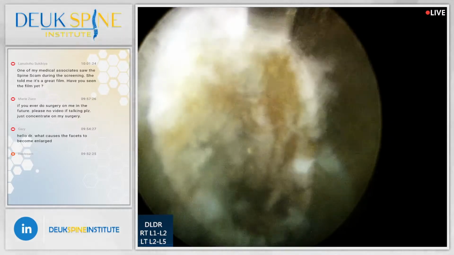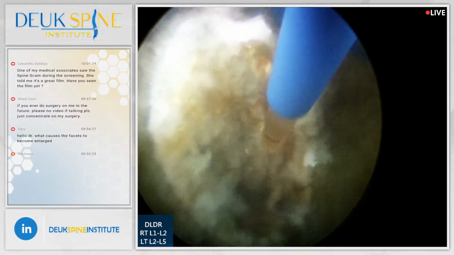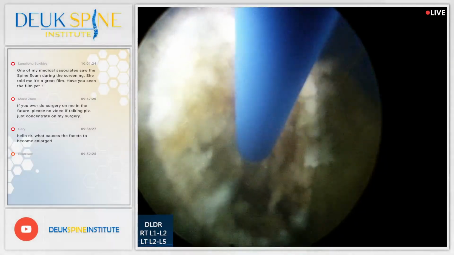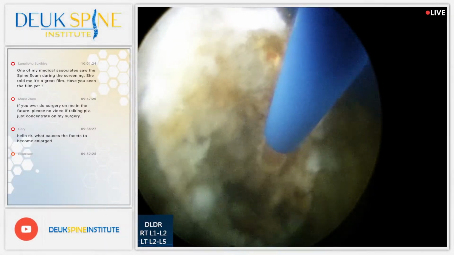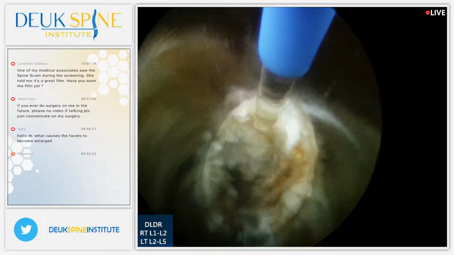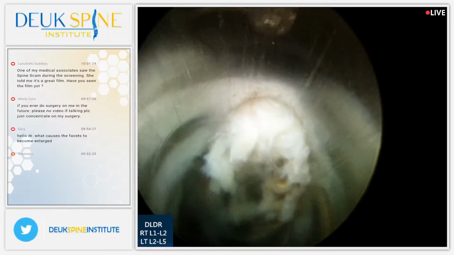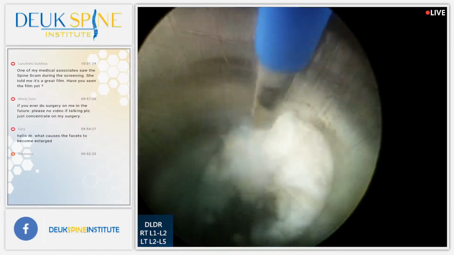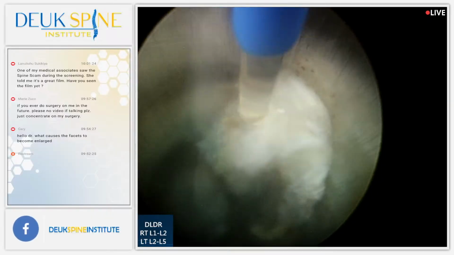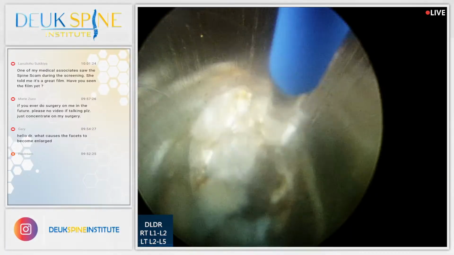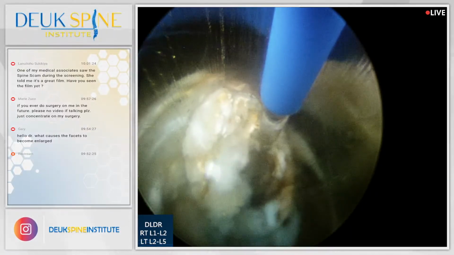So that capsule holds your joint, your bones together, and keeps them from moving too much. You get about 3 to 5 degrees of movement in rotation, flexion, extension. But when you have a trauma injury to your lower back, that force that's transmitted to your spine is so great that your muscles and your facet capsule cannot stop the forward movement of your torso.